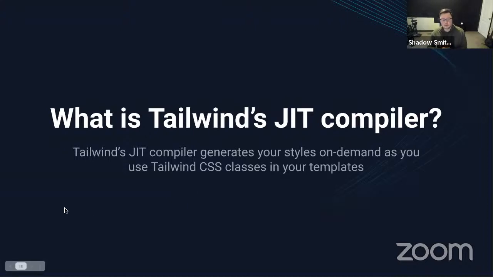Cool. So now that we kind of covered that, what is Tailwind's JIT compiler? So Tailwind's JIT compiler generates the styles on demand as you use Tailwind CSS classes in your template. So to give you a little information as to why this is a big deal, in development, Tailwind can create some absolutely massive CSS files.